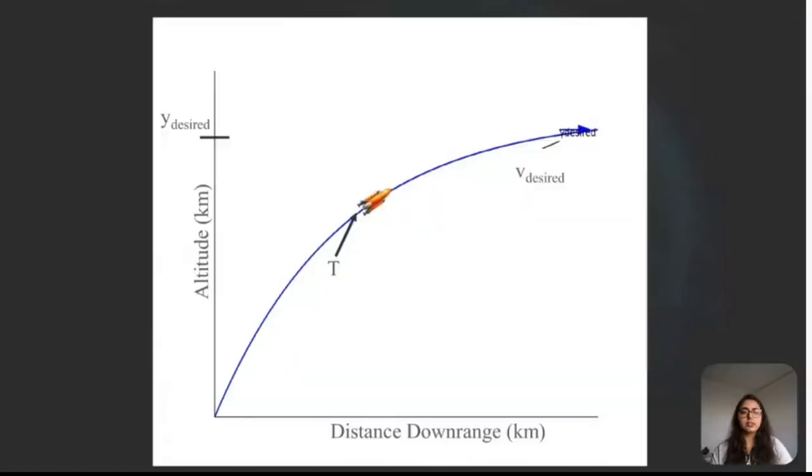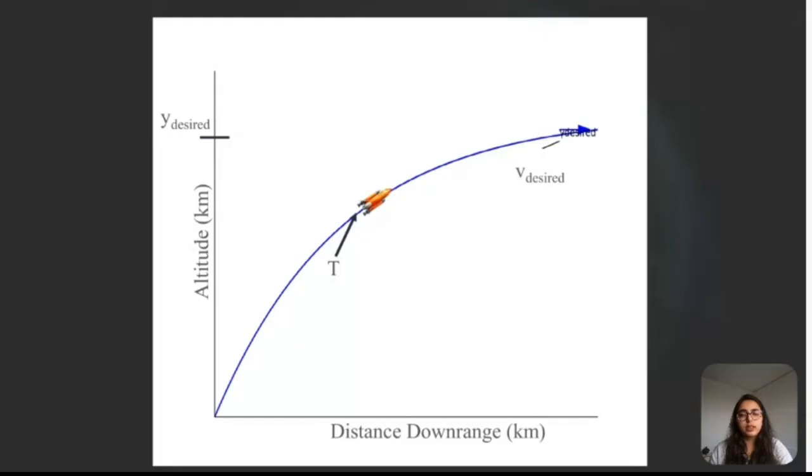In analyzing the trajectory of a launch vehicle into orbit, we consider the problem in xy coordinates, with downrange distance on the x-axis and altitude on the y-axis. The goal is to achieve the desired altitude and velocity vector. This problem involves determining the best trajectory to minimize propellant usage while delivering the payload into orbit.